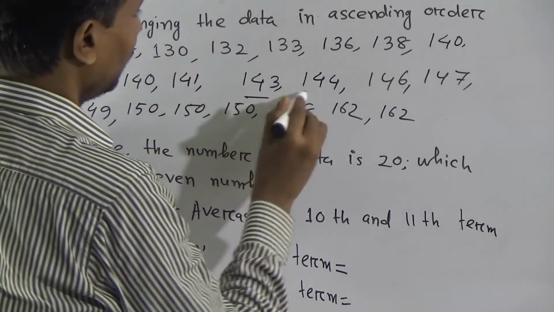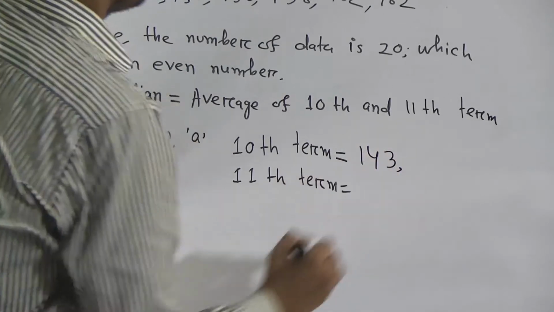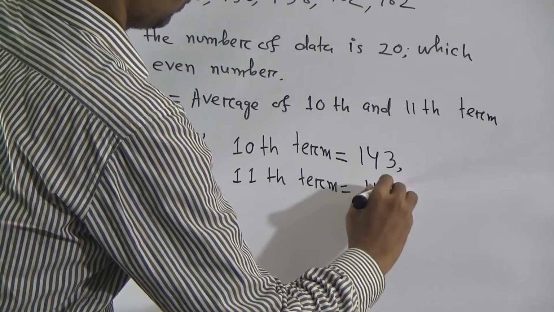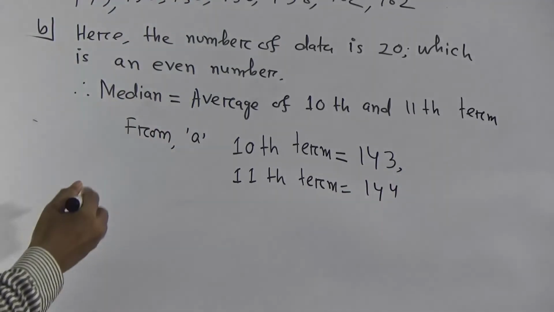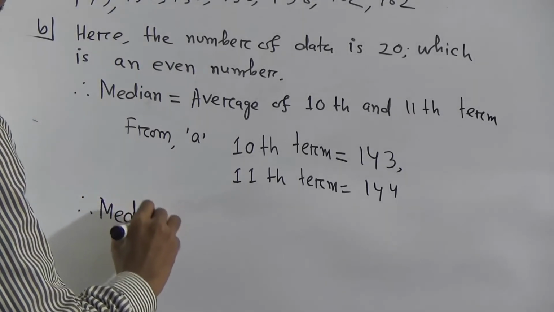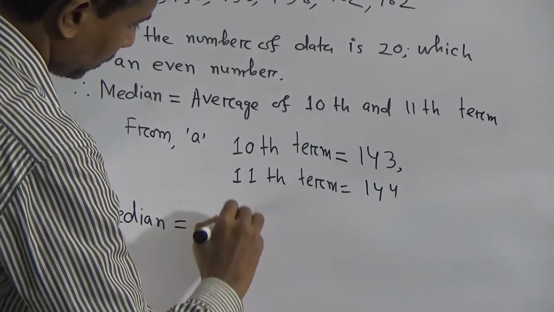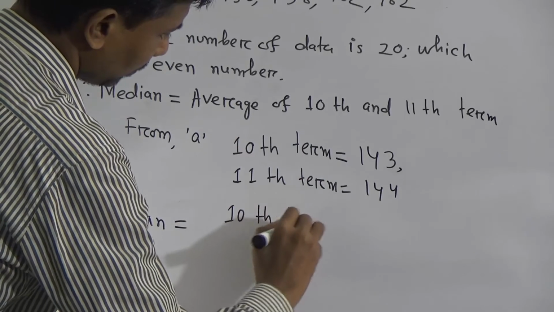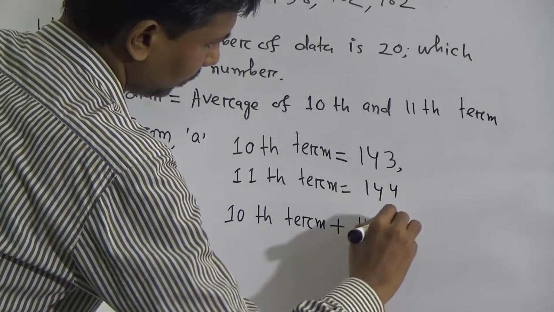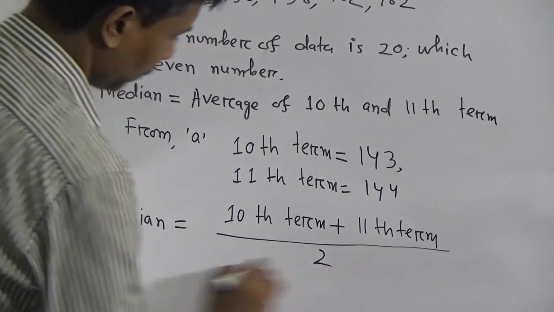Okay, this right here 143 and 144. Therefore median equals 10th term plus 11th term by 2.